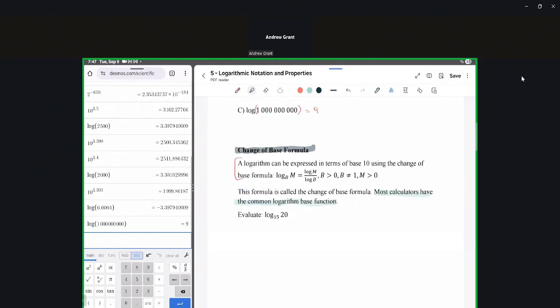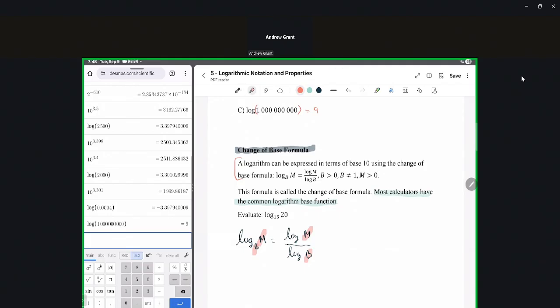Well, we know that if you have log base capital B of capital M, that's equal to log of M over log of B, that the base of the logarithm becomes log of just B on the bottom, and the argument M becomes log of just regular M on top.